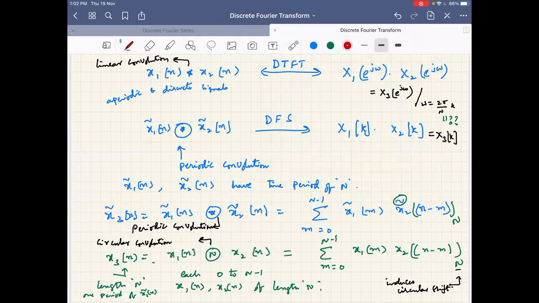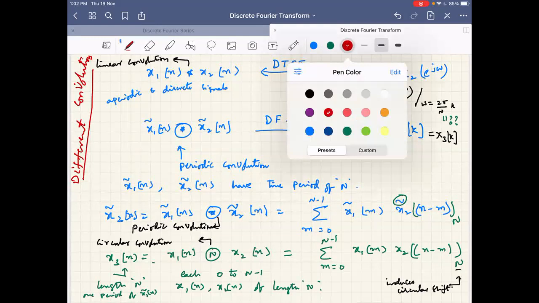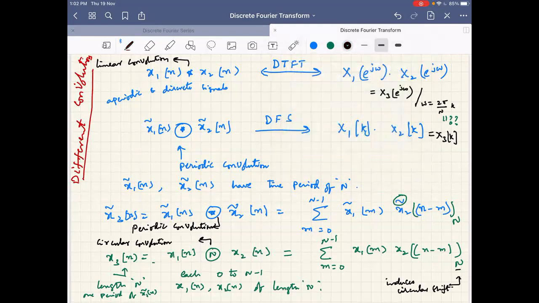Okay, different convolutions, and relating them, right? So if I define now this as, say, x3 of, I have defined x3 somewhere, right?